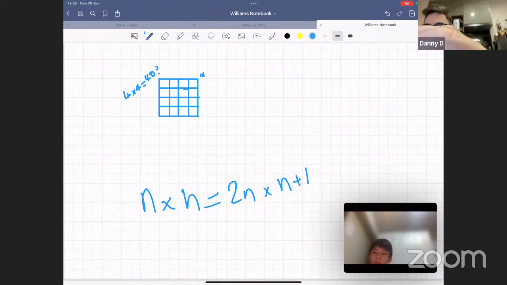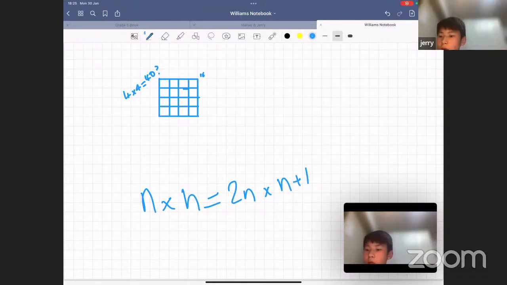No way. Does that work? No, because the only possible answer for this formula is n equals 0.